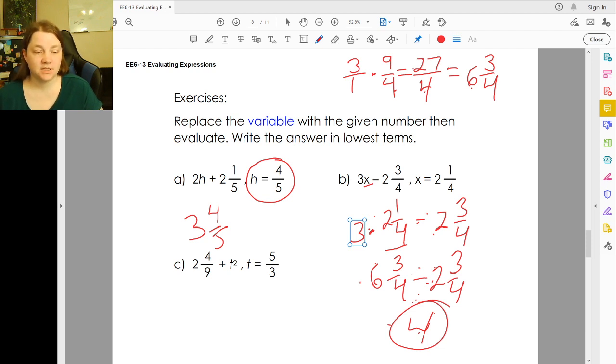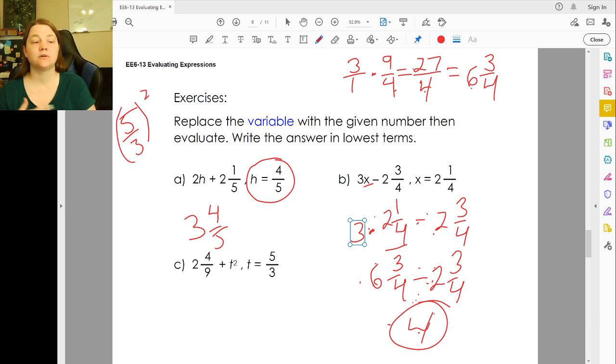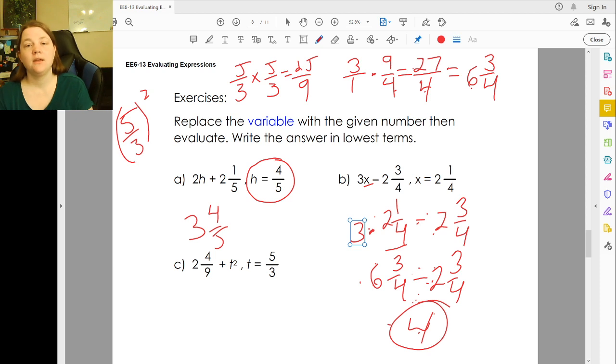Then we have our last problem here. 2 4/9 plus t to the second. T to the second, I'm going to rewrite it up here just so I have room, ends up being 5/3 to the second, which means I'm going to multiply 5/3 times itself. 5 over 3 times 5 over 3. 5 times 5 is 25. 3 times 3 is 9. 9 goes into 25 2 times.